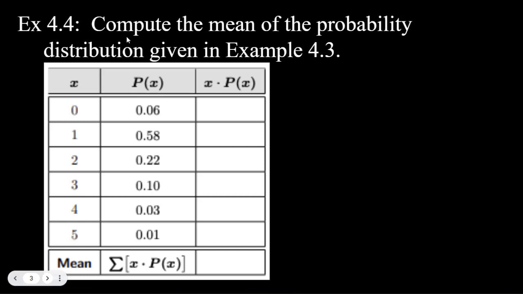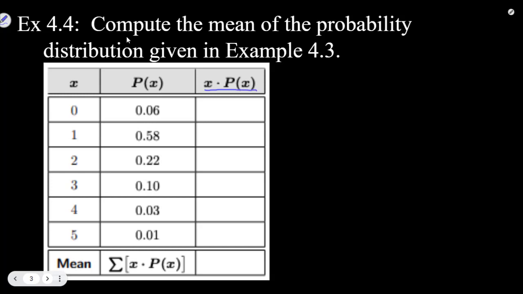The first thing we do here is multiply x times p of x, and you can see that this column has that label.